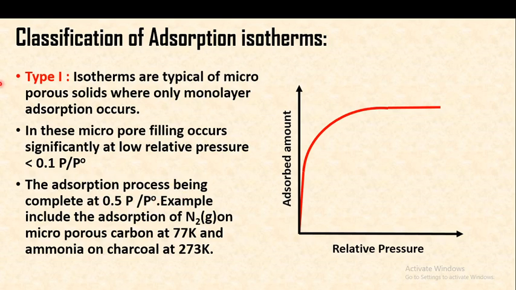And the example of the type first adsorption isotherm, which shows formation of a monolayer, is the graph of adsorbed amount of gas versus relative pressure, called the adsorption isotherm. The example is the adsorption of nitrogen gas on microporous carbon, that is charcoal, also called activated carbon, at 77 Kelvin, where the temperature is constant, so it is called an isotherm. The second example is the adsorption of ammonia gas on charcoal at 273 Kelvin.